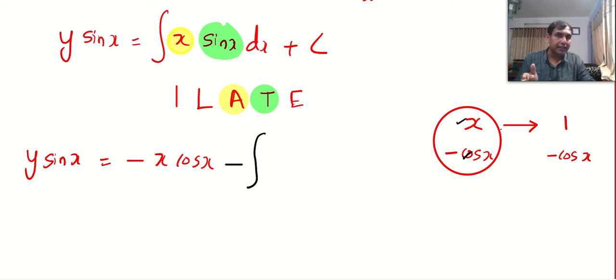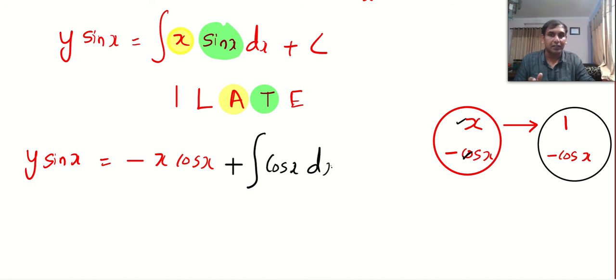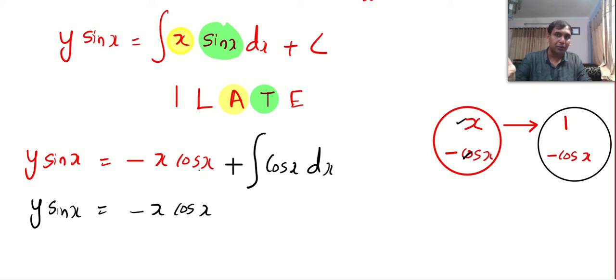Now minus integral, multiply this. So what will you get? Minus will be plus. Now that's it. So y into sin x is equal to, by the way, you can use any method you learned before. This is just a memory aid, that's all. And what is integration of cos x?